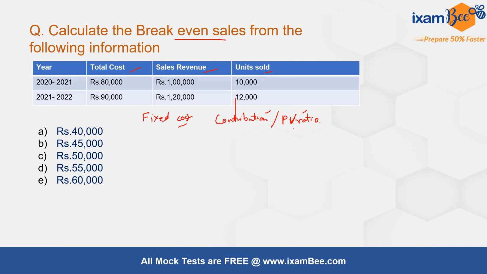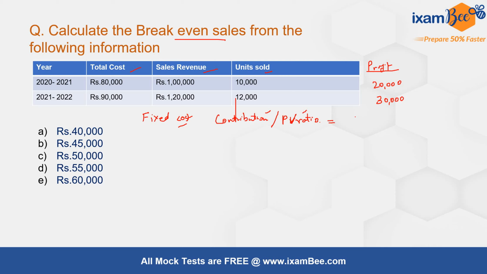We just discussed that PV ratio is actually measuring the change in my profitability with the change in my revenue. So what is my profitability here? If I calculate my profits, the profit will be the difference between my revenue and my cost. So in the year 2021, my profit is 1 lakh minus 80,000, which is 20,000 rupees. And in the next year 21-22, my profit is 1,20,000 minus 90,000, which is 30,000.